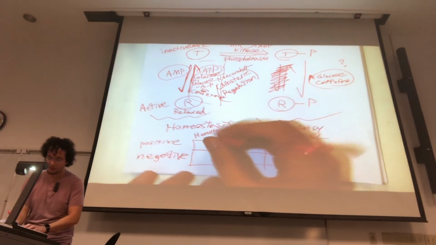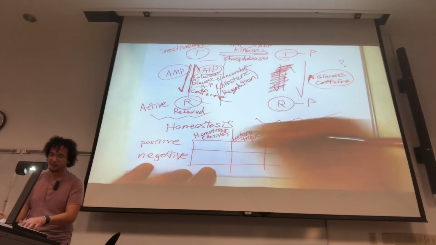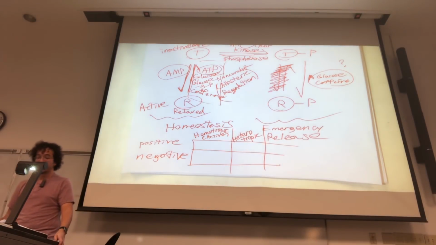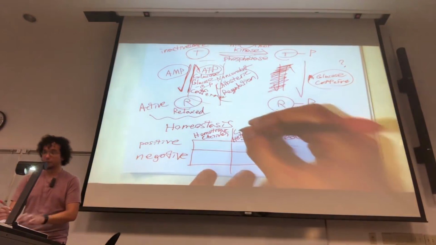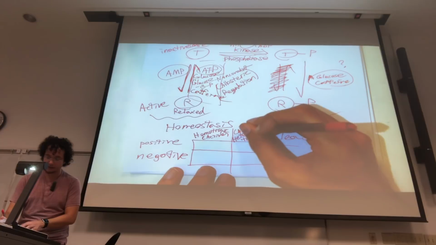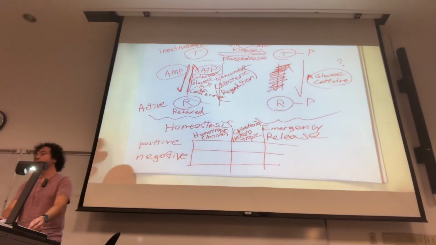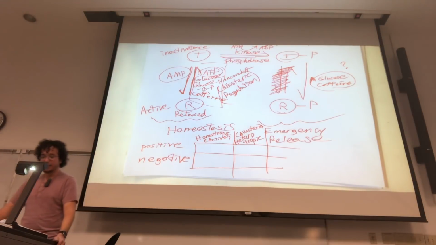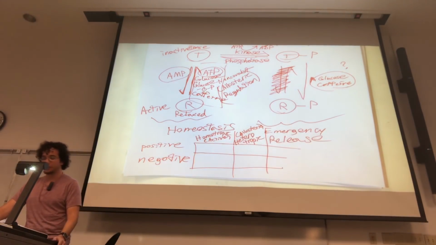Okay, so homotropic means whatever effector molecule you're talking about goes to the active site. Heterotropic describes any effector molecule that goes to the not active site, meaning the allosteric site. Okay, so as simple as that. Because of these two different sets of vocabulary words here, you have four possible combinations.